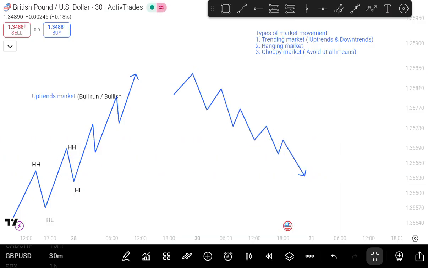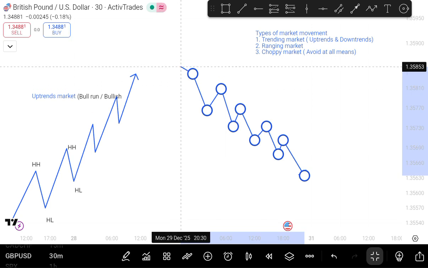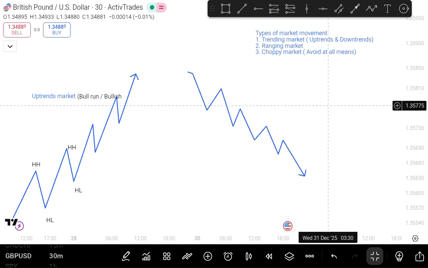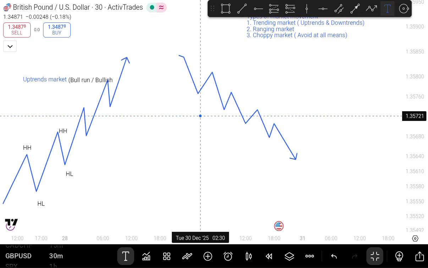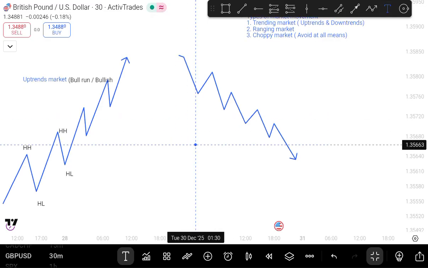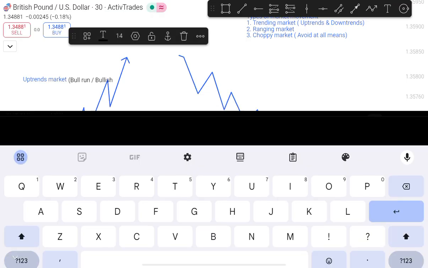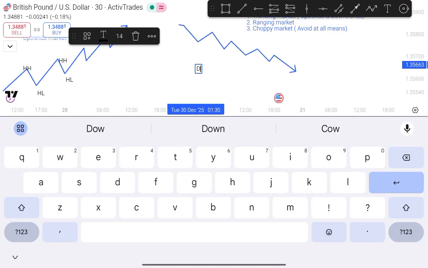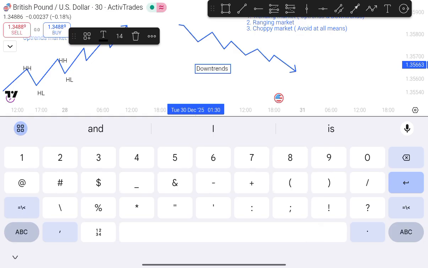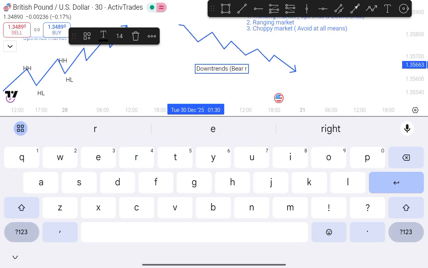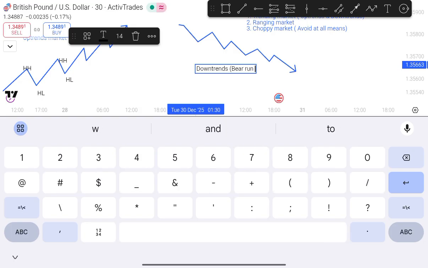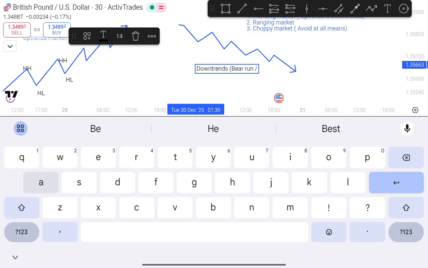So the market will form this way in a downtrend market, and the downtrend market is called bearish. This is a downtrend market, and it is in a bear run, or you can say the market is bearish.